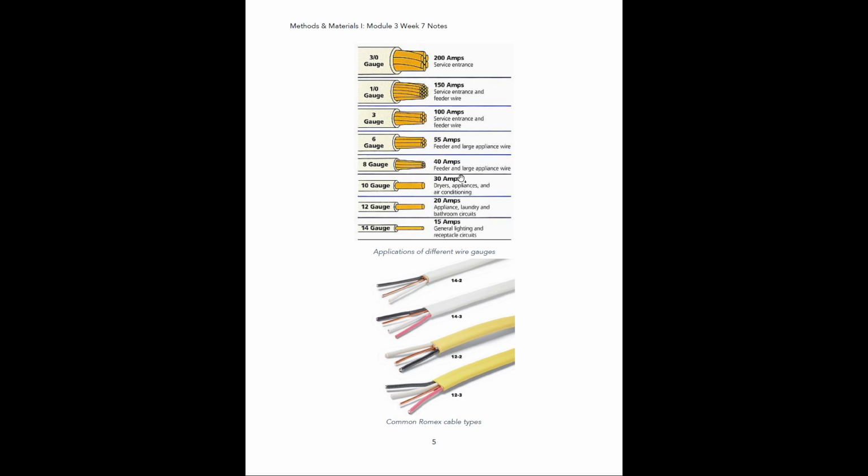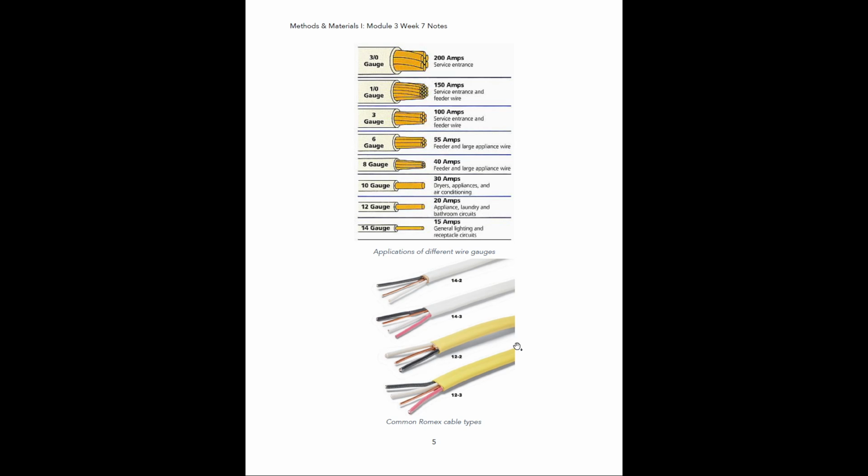Typically with residential construction especially, you'll be using a lot of 12 gauge and 14 gauge wire. That's kind of the most common. You might also use some 10 gauge wire here and there, but most applications will use either 12 gauge or 14 gauge. All right, so if you look at this image here, this is an example of a 14 gauge wire.